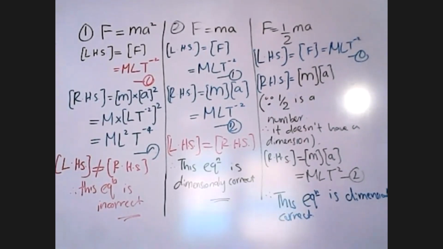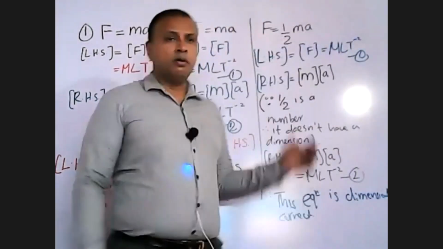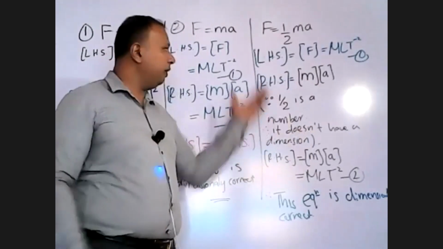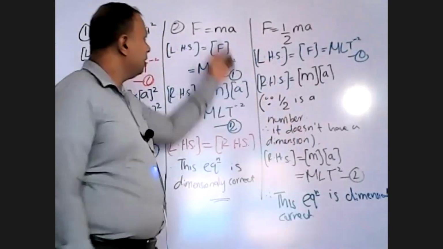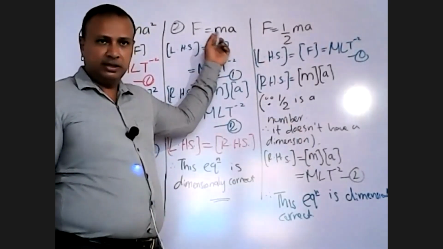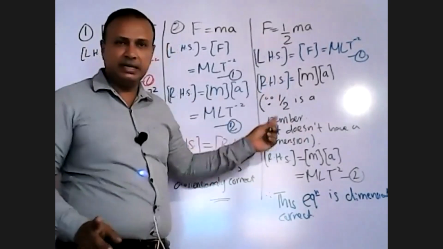No, Buddha. Actually, what I wanted to say is, we know F should be equal to MA. Therefore, this is the correct equation, and this equation is incorrect. We know this equation is incorrect.